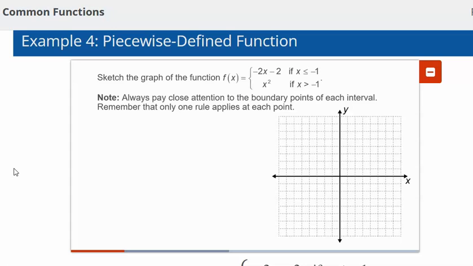We start on the interval negative infinity to negative 1. We include negative 1 because we have that x is less than or equal to negative 1. And on this interval, we have the line y equals negative 2x minus 2.